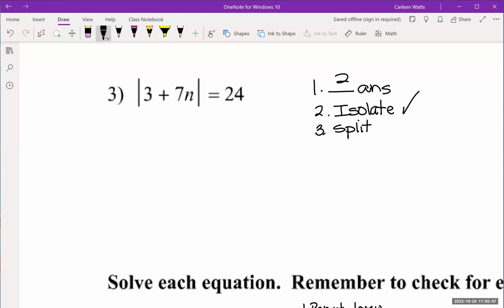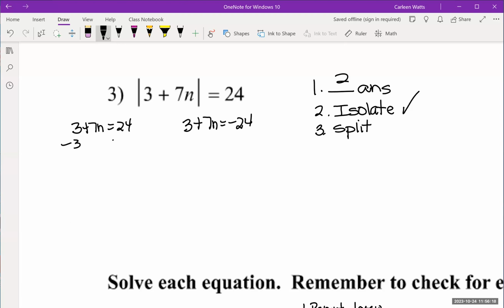We're going to do problem 2, because I just feel like the fewer steps, the better on this. So 3 plus 7n equals 24, and 3 plus 7n is equal to negative 24. It's going to matter once we get into less than, greater than, but for these, you can just go right to that step.